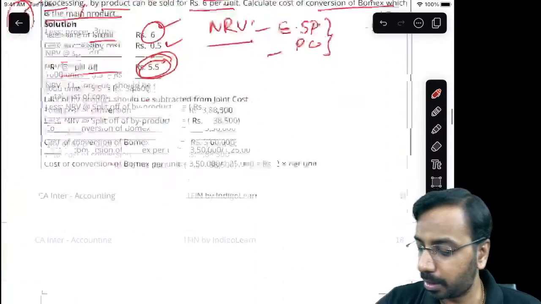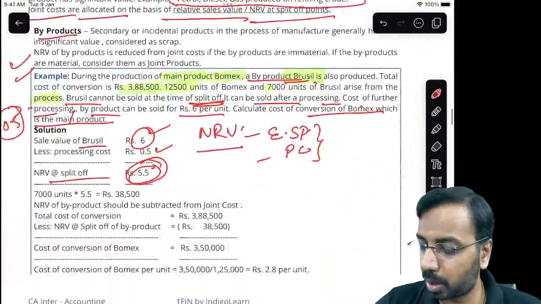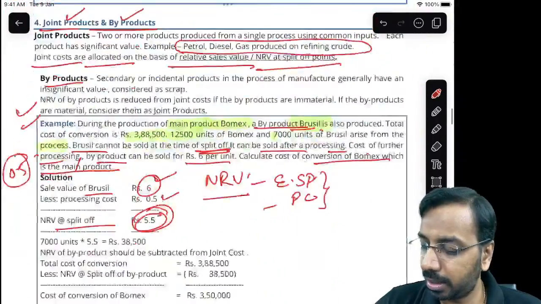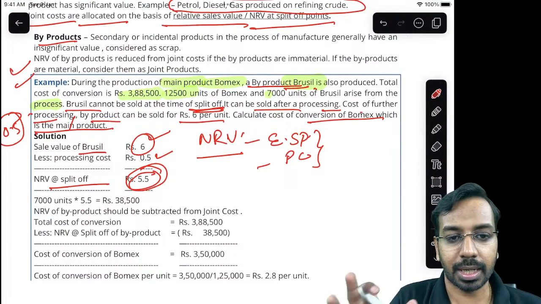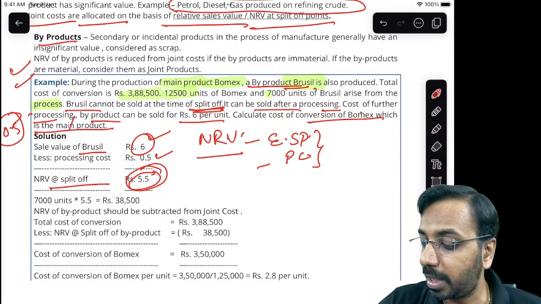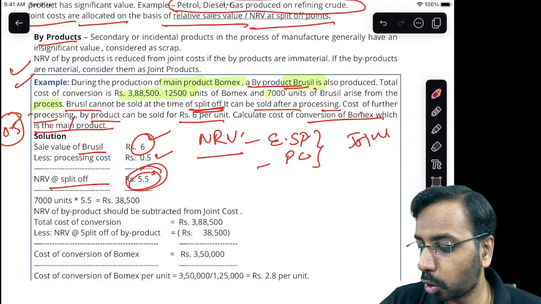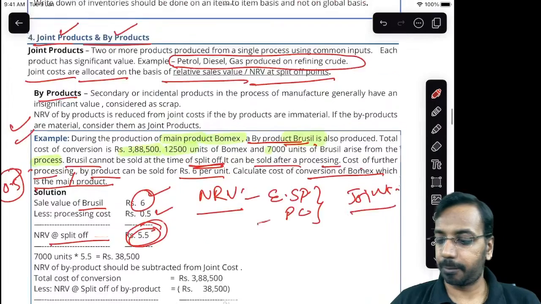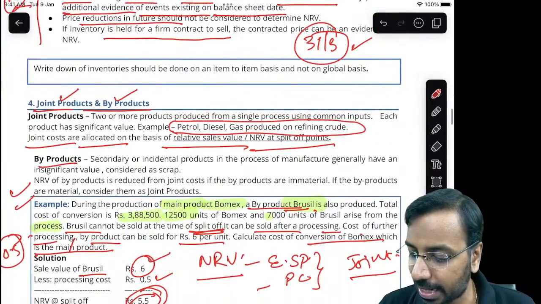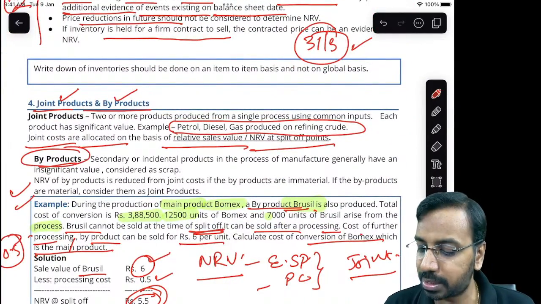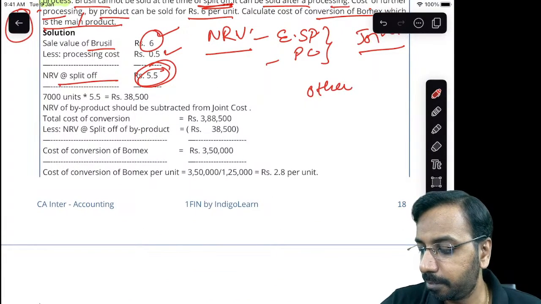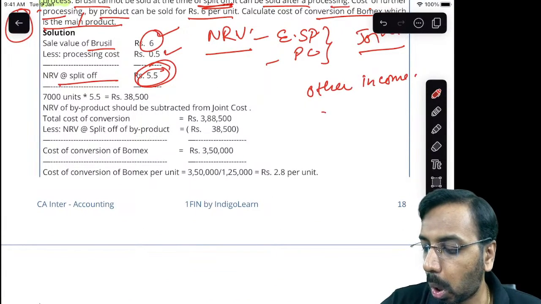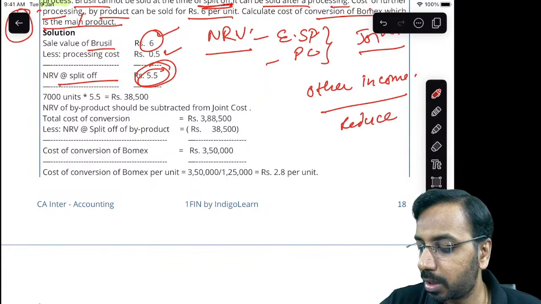Now, please remember this. The example that I gave you, allocation of joint cost, is for main products, which are called joint products. If it is a byproduct, like scrap, what we do is either we take it as other income or we reduce it from cost.